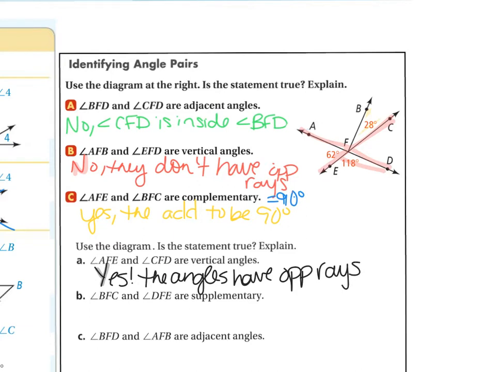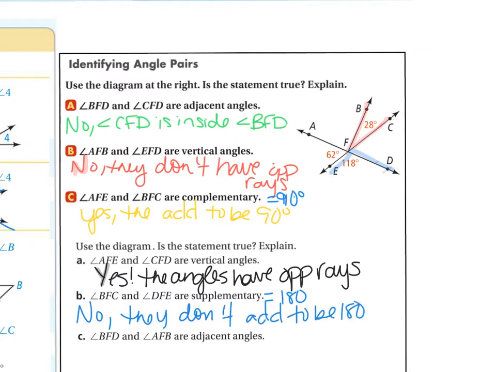Okay, the next one, BFC and DFE are supplementary. So do they equal 90 degrees, or sorry, supplementary is 180, so do they equal 180? That would be a no. They don't add to be 180.